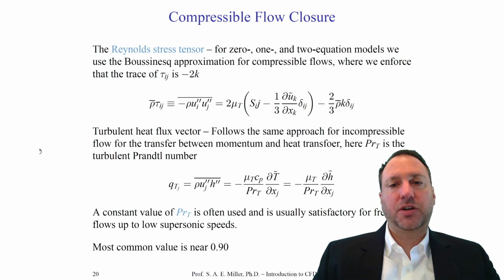The Boussinesq approximation for compressible flows will be rho bar times tau ij, the definition of the FANS stress tensor, as 2 times some eddy viscosity times the strain rate tensor minus 1/3 of the trace of the velocity gradient times the Kronecker delta function minus 2/3 of rho bar k delta ij. So this looks very familiar to you, hopefully. And of course, you'll see that this term right here, if it's an incompressible flow, will go to 0.